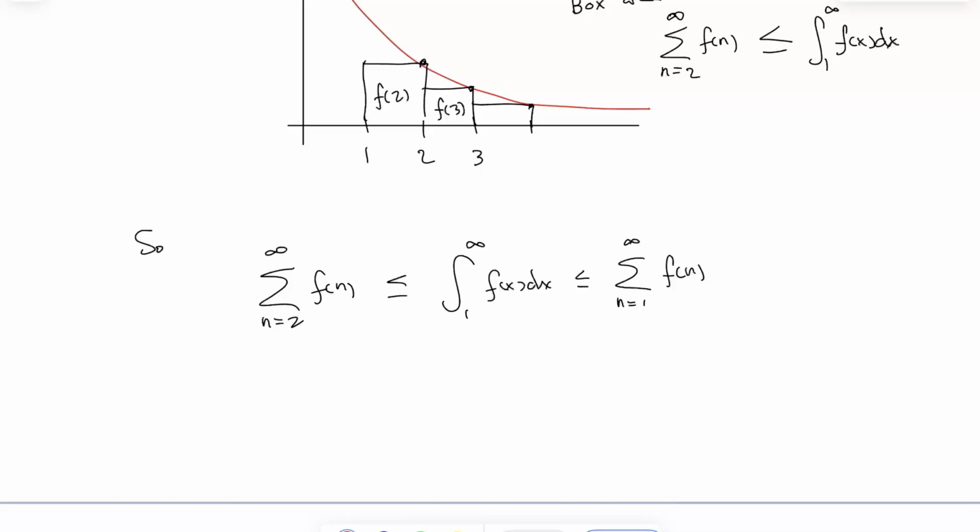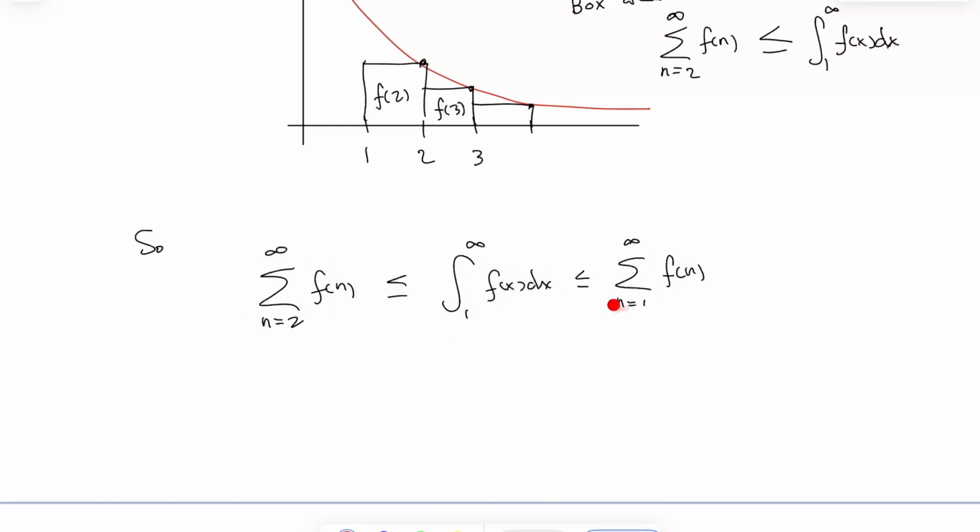What that means is, if this one diverges, then automatically this one also diverges, because they're the same thing except for the first term. Whether you include the first term or not doesn't affect if it diverges or not.